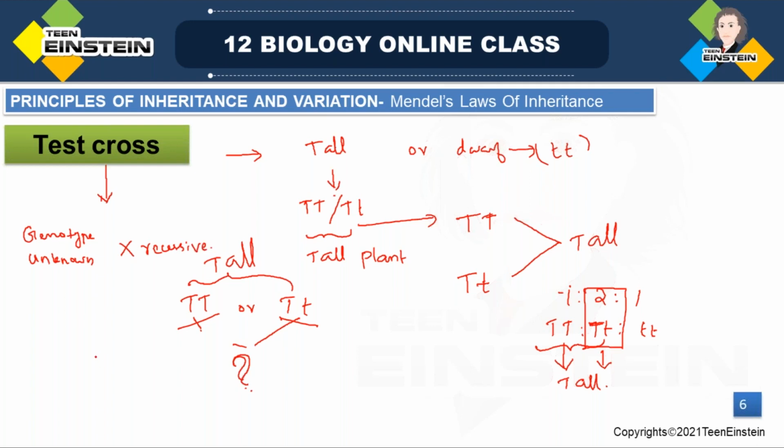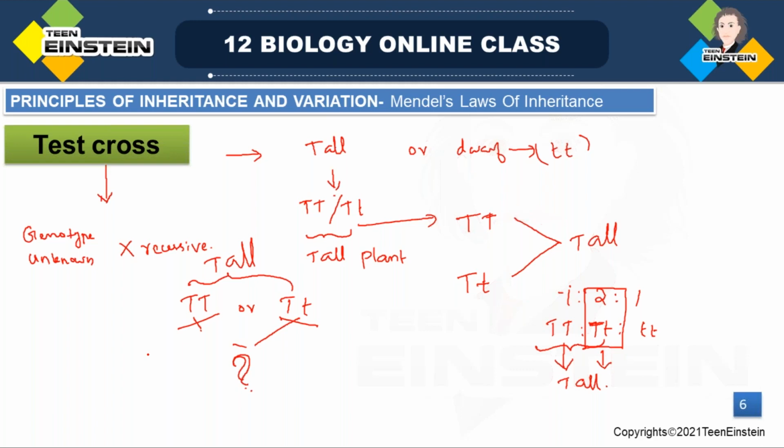Recessive parent. I'll explain how he did, then you can make out what is the use of this test cross. Okay. So, in a typical test cross, like here we are using pea plant. In that he crossed that genotype which is to be determined with the recessive parent.